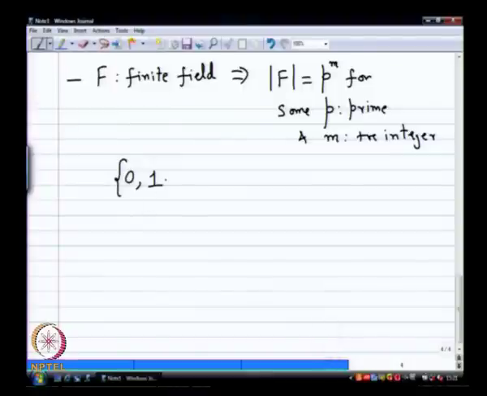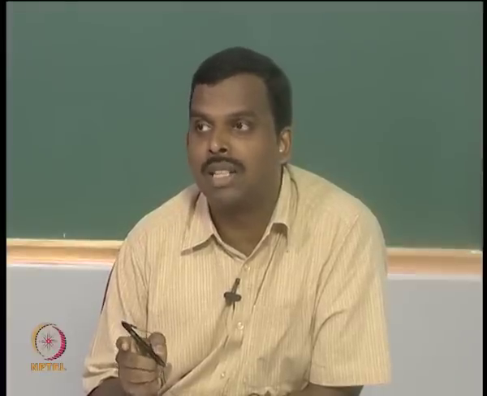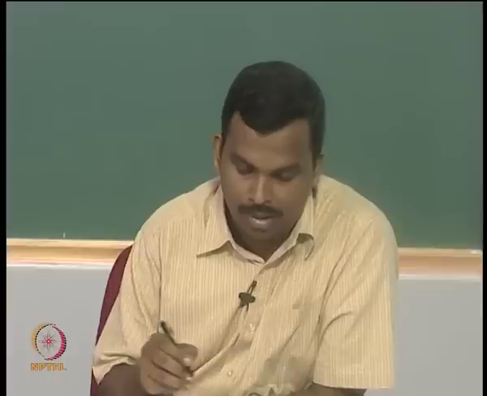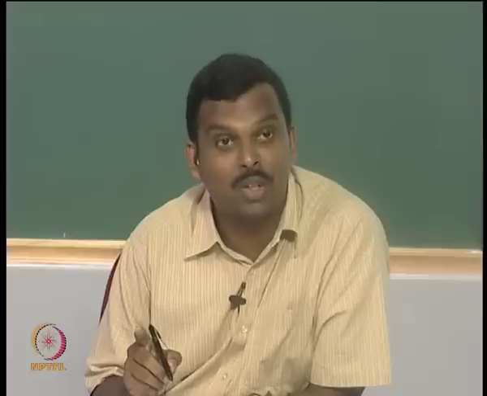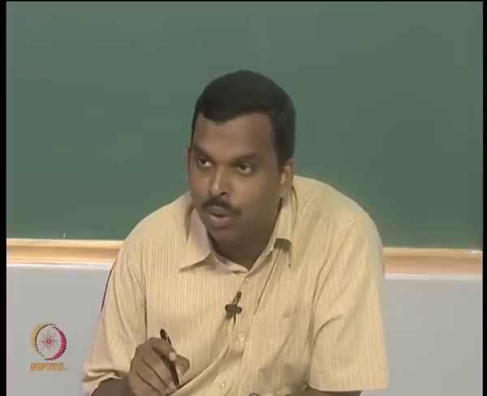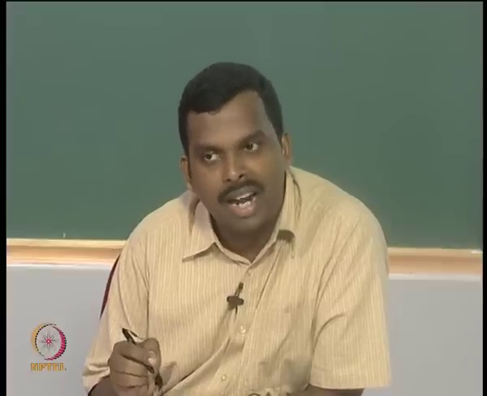Then you ask the question, what else can I create from these two elements? What field operations can I do with these two elements to generate more elements in this field? The only thing you can do to generate non-trivial elements is to take 1 and add it to itself, because anything else you do, you will only get elements that are already there.